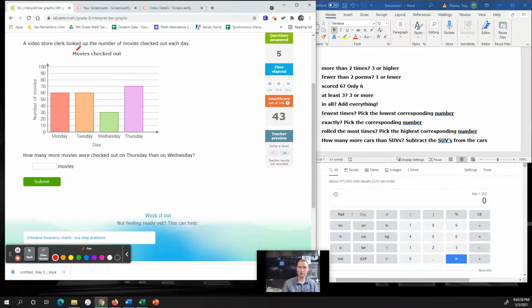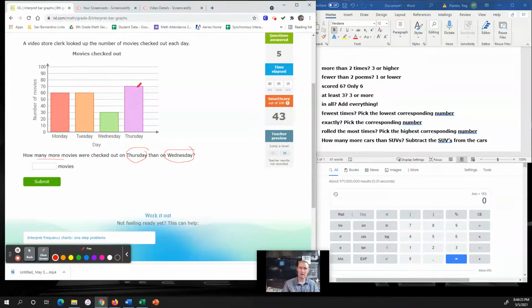A video store clerk looked up the number of movies checked out each day. How many more movies? This goes back to the terminology that we used for IXL CC1. The words "how many more," let's go down our list. Oh, "how many more cars and SUVs." That looks familiar. We're going to use subtraction. We are looking at Thursday compared to Wednesday.